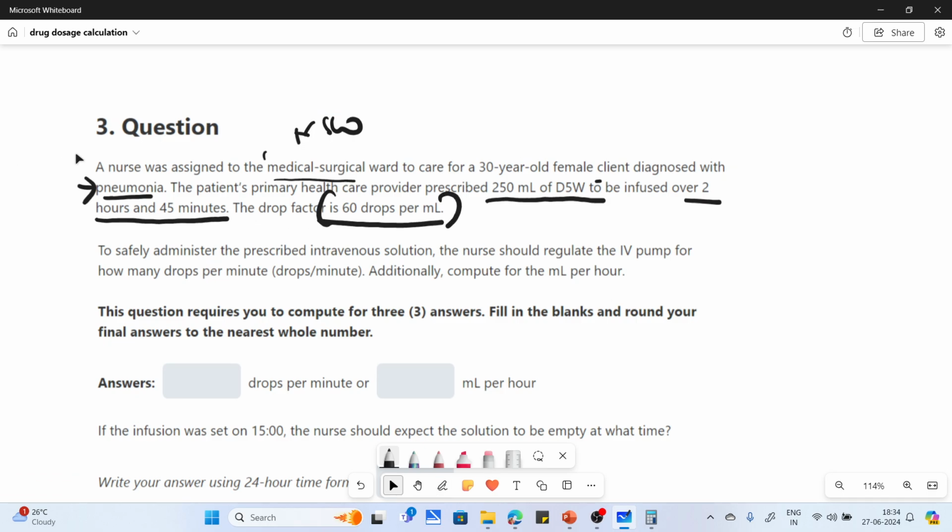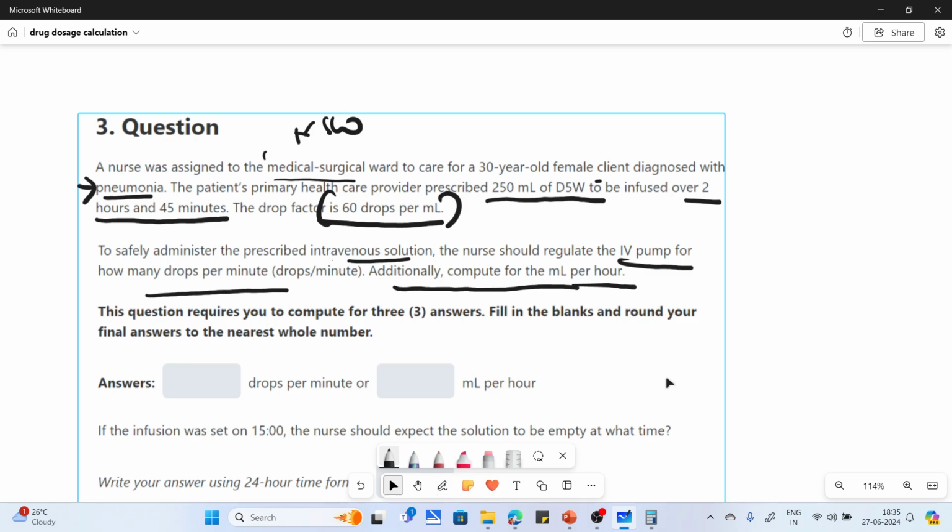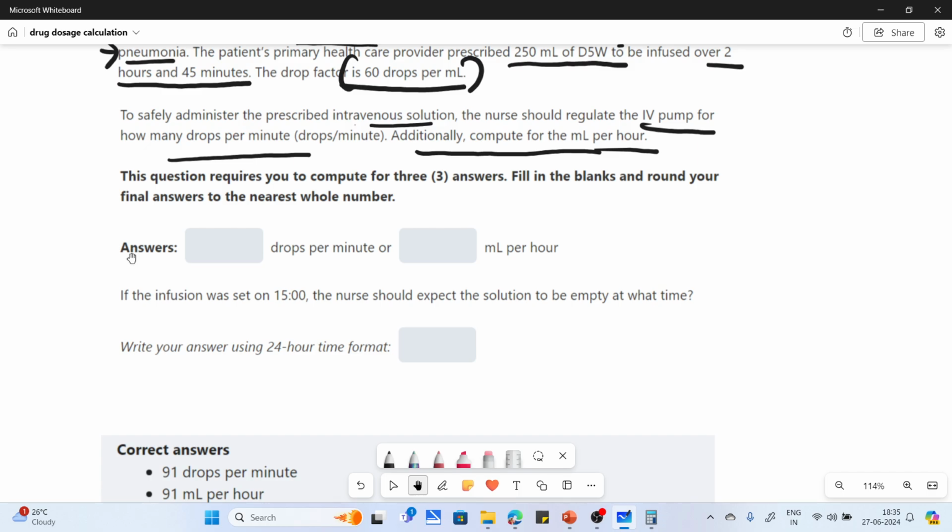To safely administer the prescribed IV solution, the nurse should regulate the IV pump. IV pump can be a syringe pump. So how many drops per minute, and additionally compute how many ml per hour.